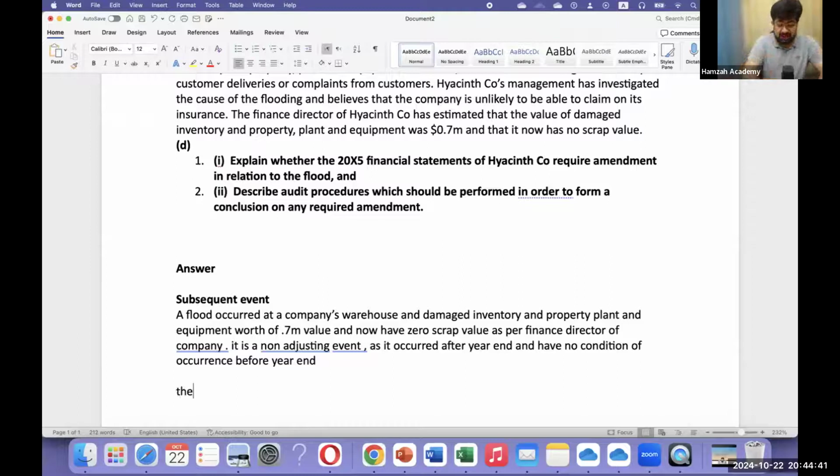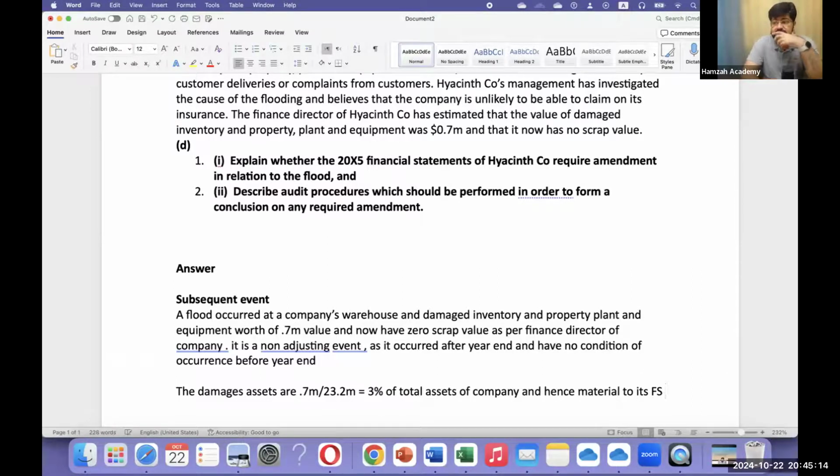So the damaged assets are 0.7 million divided by 23.2 million, which is equal to 3% of total assets of the company, and hence material to its financial statements.